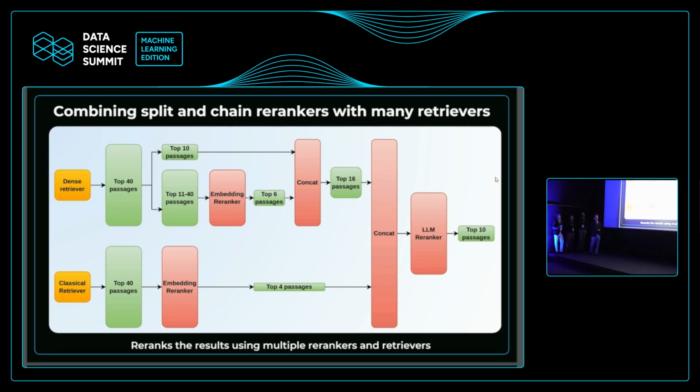So we won't be re-ranking the top 10. We only re-rank the last 30 passages in order to filter them out to top 6 passages, which is later concatenated, so we get 16 passages here. And regarding the classical retriever, we do not split it and just filter it to top 4 passages using the BGE re-ranker, and later it all goes through the LLM re-ranker to get to top 10 passages, and we get an ensemble of retrievers and an ensemble of re-rankers.